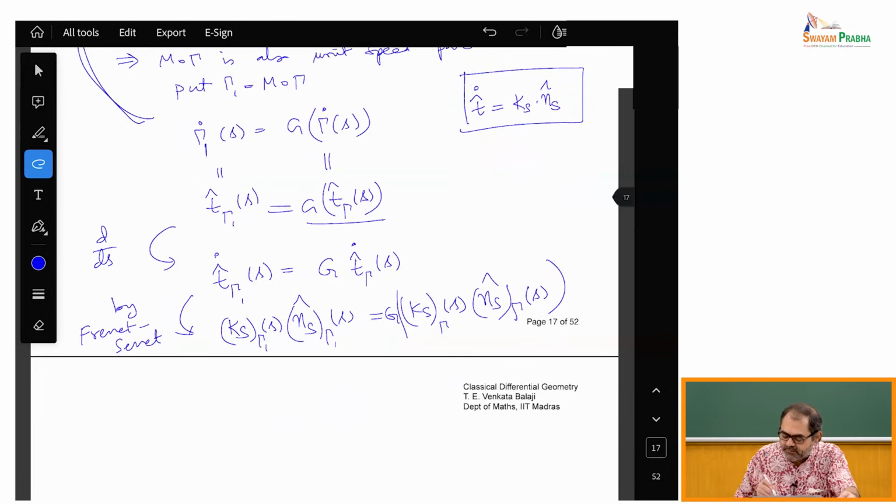Now you see G is a linear map, and in a linear map scalars can be pulled out of the argument, okay. So this k_s sub gamma of s is actually a scalar. So this n_s hat is the vector part and the k_s is the scalar part, and in a linear map you can pull out the scalars from the argument of the map.